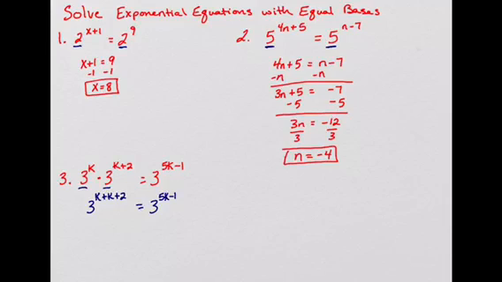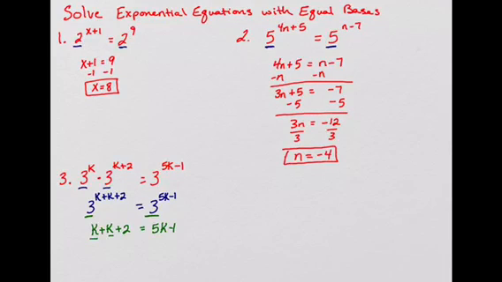So now, I only have one base on the left and one base on the other side, and those bases are the same, so in order to solve, I can set the exponents equal to each other. So I get k plus k plus 2 equals 5k minus 1.